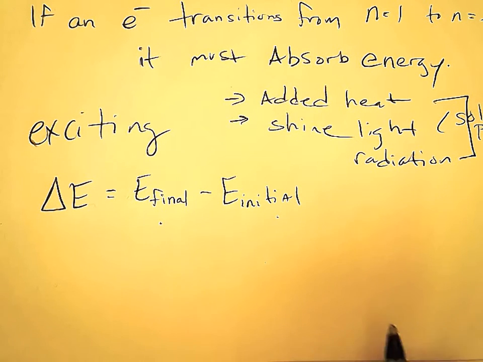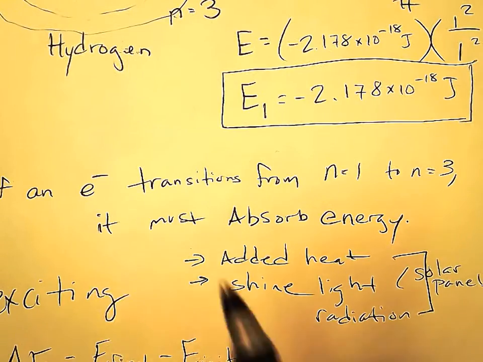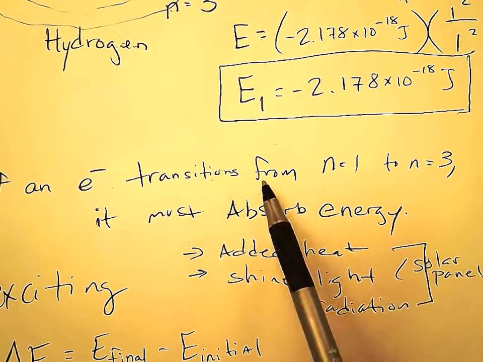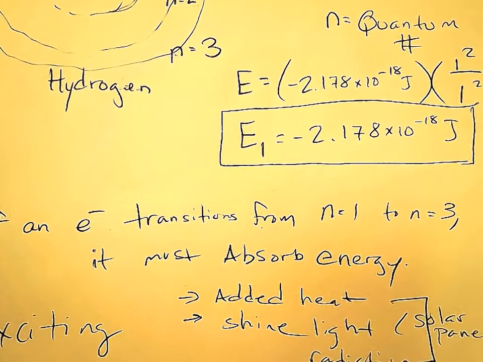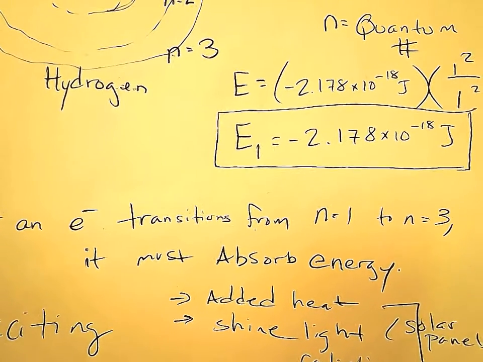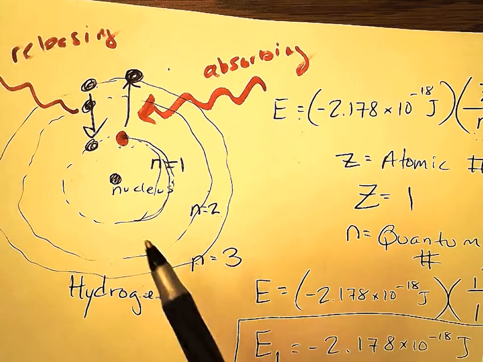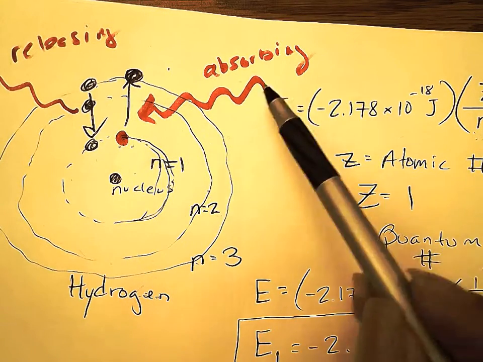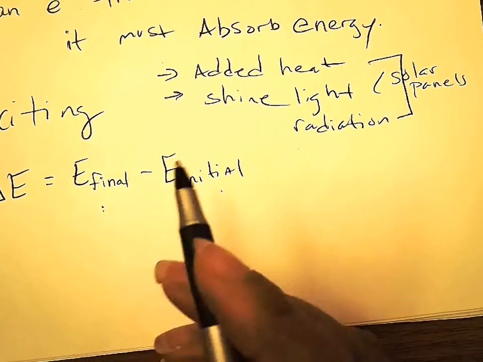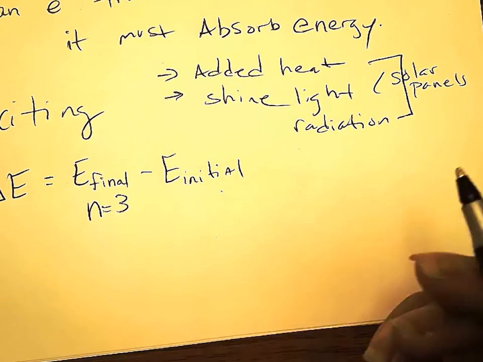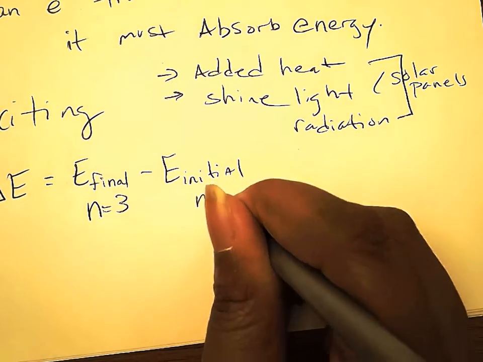So an example would be, if you have the electron transitioning from n equals 1 to n equals 3, how much energy must be absorbed? From 1 to 3, how much energy must it suck in? If I'm going from 1 to 3, that means my final position is n equals 3, and I'm starting at n equals 1.